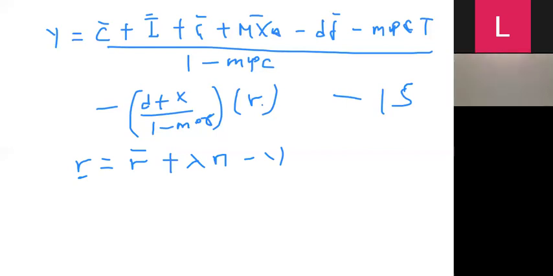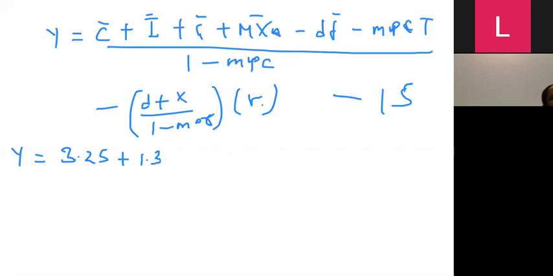So what we are going to do now is simplify everything that we have here, because the information has been given so that we can reduce it to a more friendly equation. So I can say Y equals, what is my autonomous consumption? 3.25, plus autonomous investment, which is 1.3, plus what is my government expenditure? 3.5.